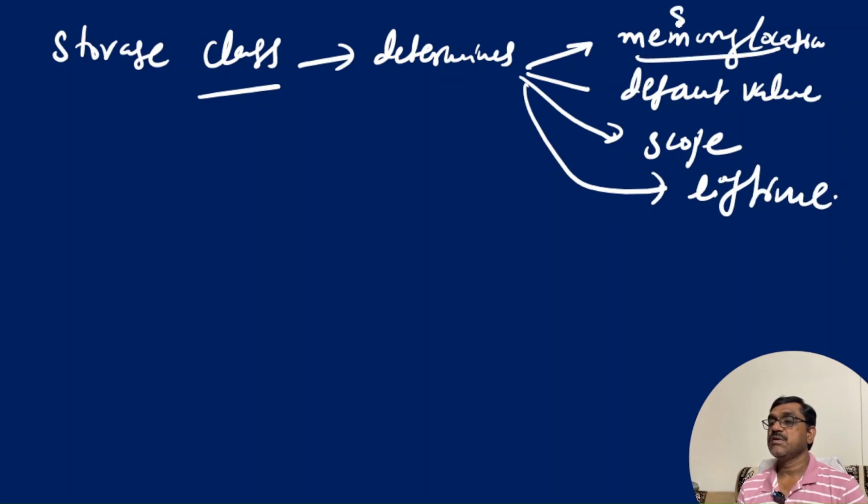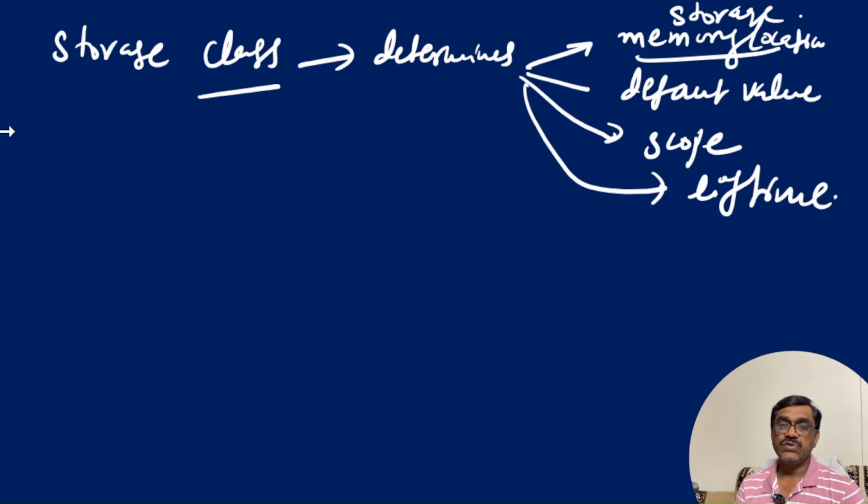Memory location is also known as storage. It determines where the variable is going to be stored, what could be the scope of the variable, what would be the lifetime of the variable, and what default value a variable is going to take when you don't assign a value to it.